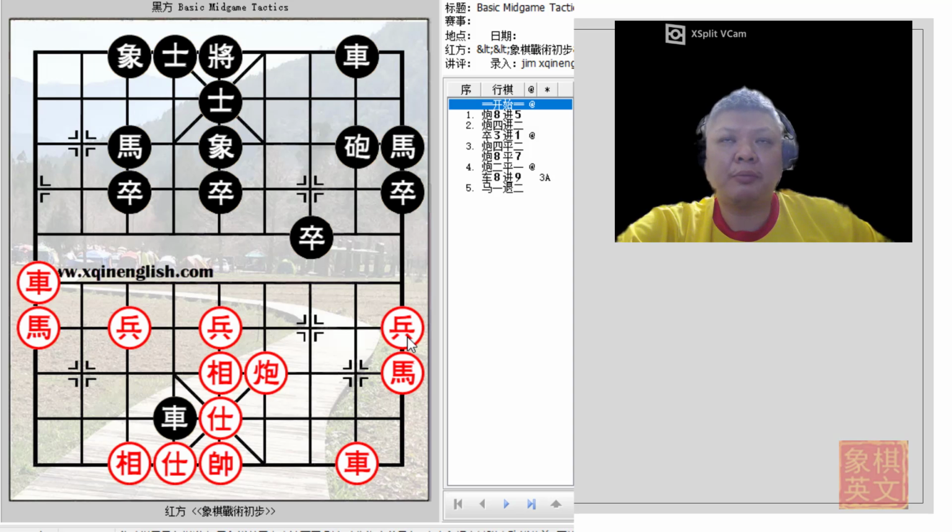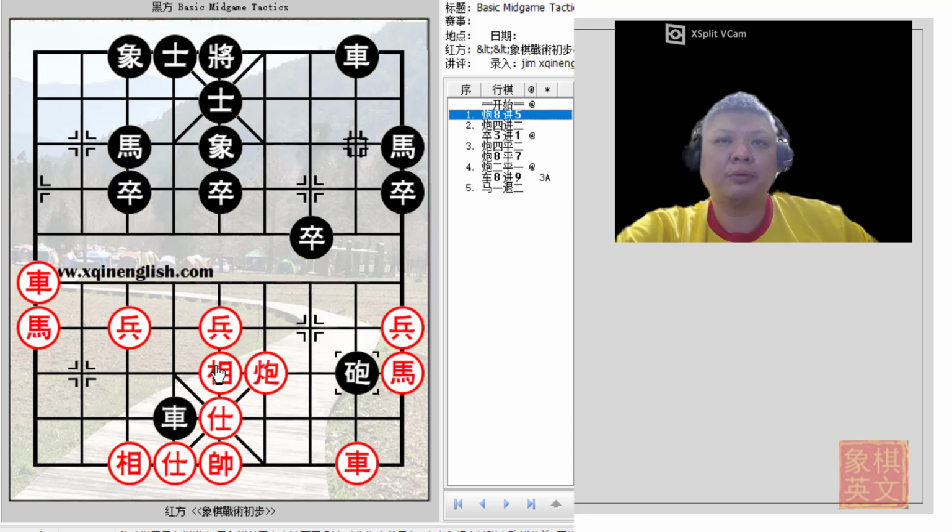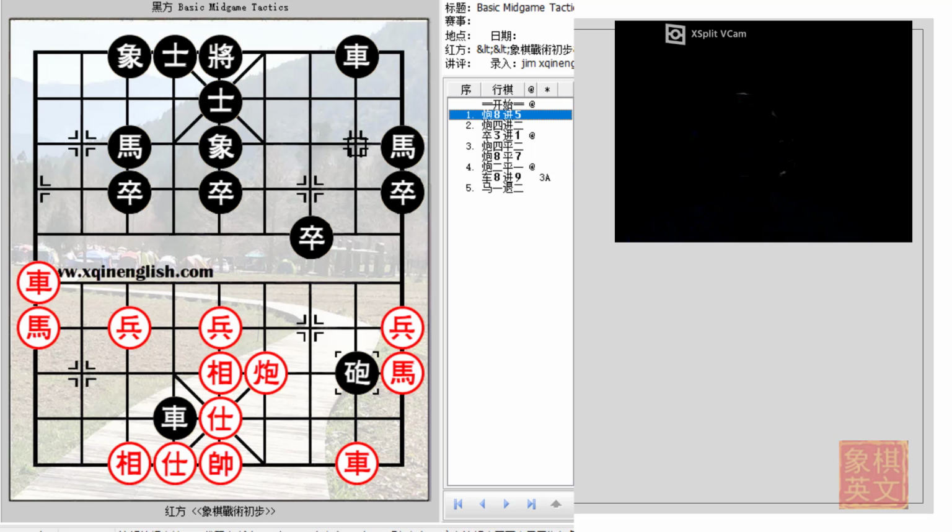At this point in time, black would have the slight advantage, as can be seen, because black would now be prepared to attack. In this example, black would be the first to move. To target this chariot, black tries to play c8 plus 5, hoping to capture the elephant and trade chariots so that he could continue his attack.